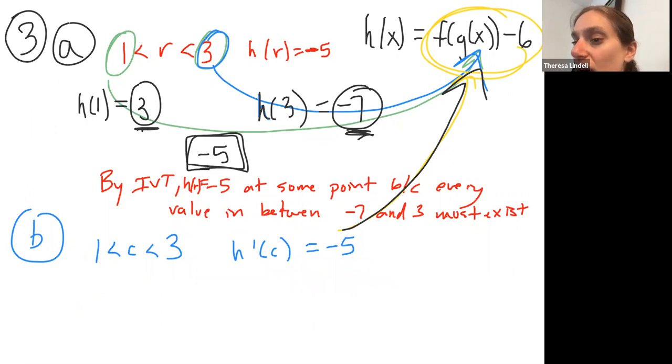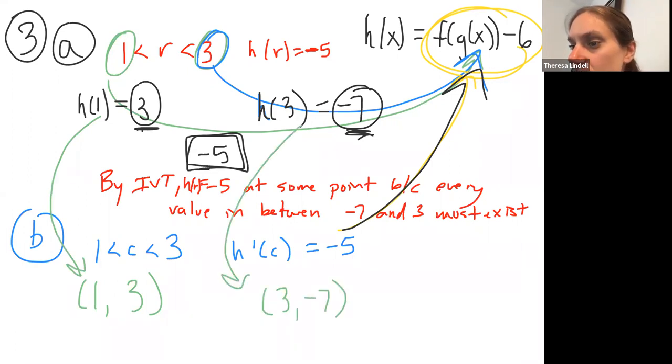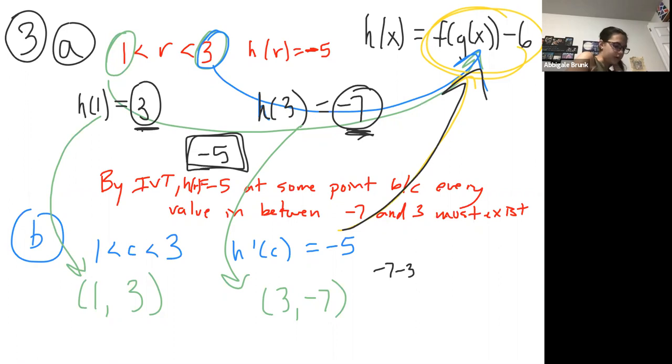What we actually have to do, the other easiest way, since we know we were going to use the MVT, is steal these points that we had from part A. So are you good with the point (1, 3) and the point (3, -7)? Mm-hmm. What's the slope between those? It would be -7 minus 3 over 3 minus 1. So -10 over 2 would be -5. Boom.